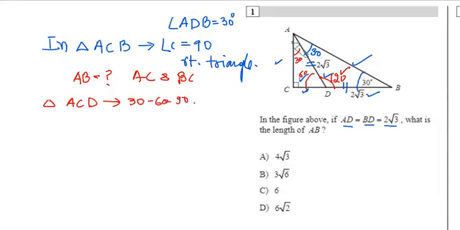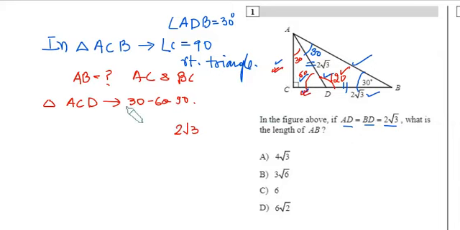AD is the hypotenuse here, facing the 90 degree angle. It is 2 root 3. We have to find these two sides.